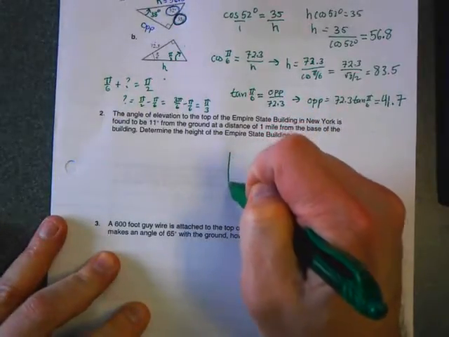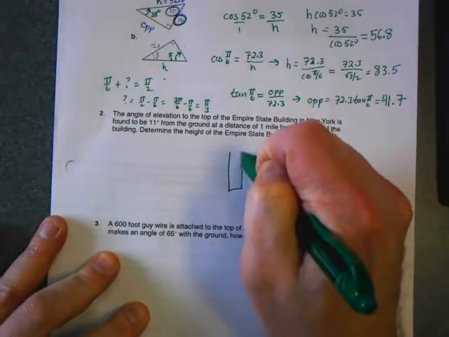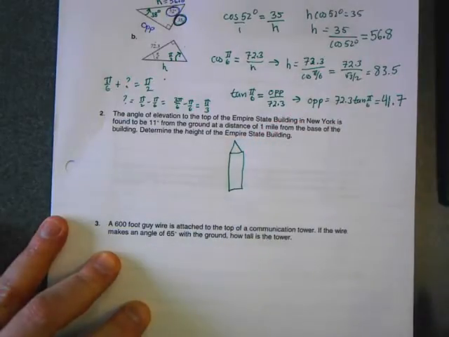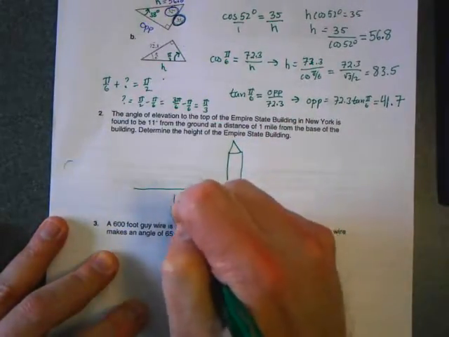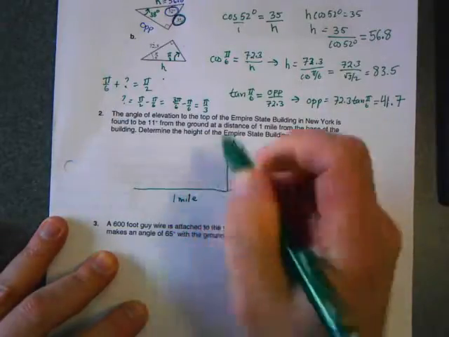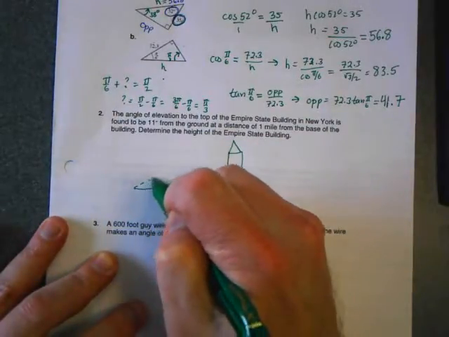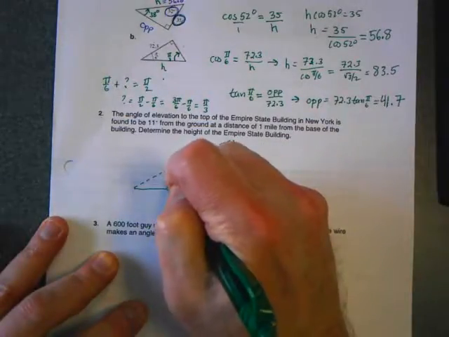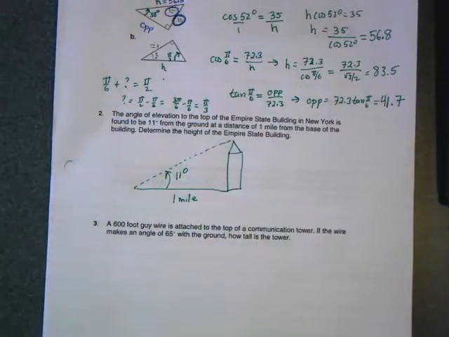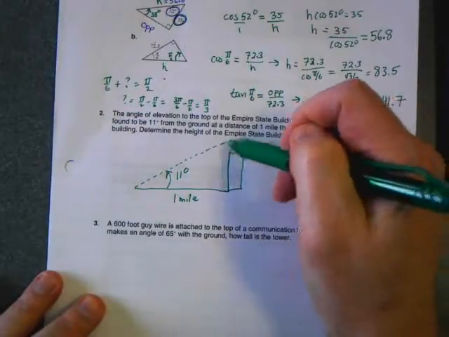You have the Empire State Building. It looks like that, of course. We're 1 mile back. And the angle of elevation, which would be this angle, they told us that's 11 degrees. I should draw like King Kong sitting on top of the building.